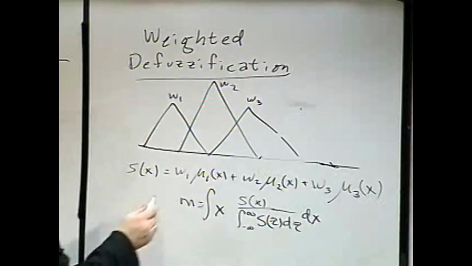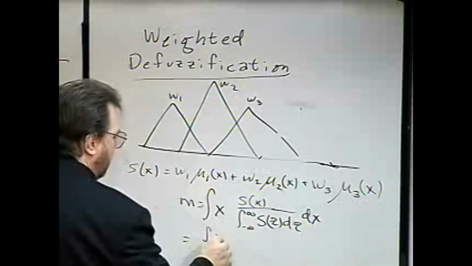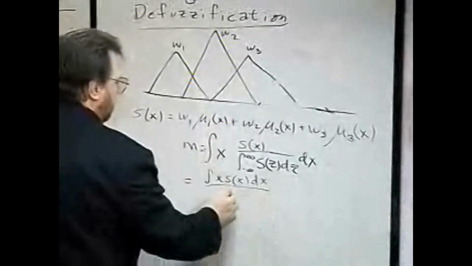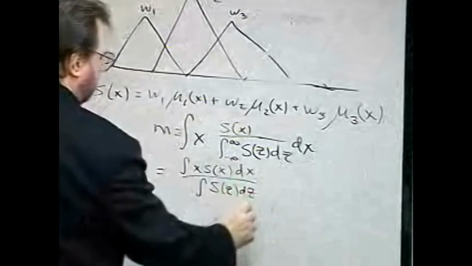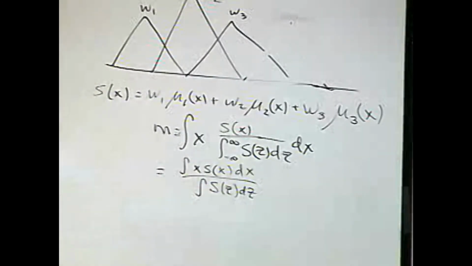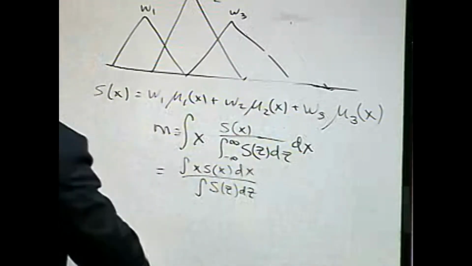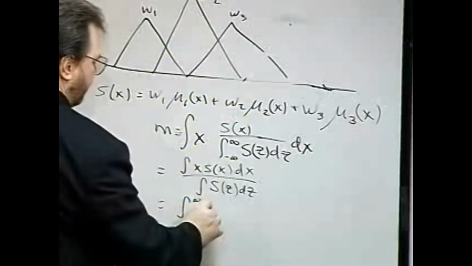Now, this being the case, notice that this becomes nothing more than the integral of x times S of x dx divided by the integral of S of z dz. And then if we substitute in these values, bear with me, I'm going to go ahead and use a summation term. We're all adults here. We can use summation sums.